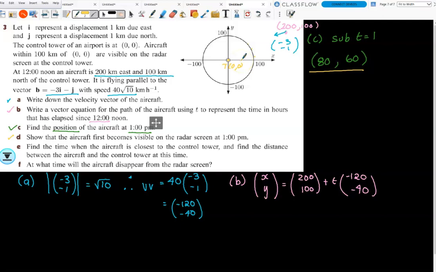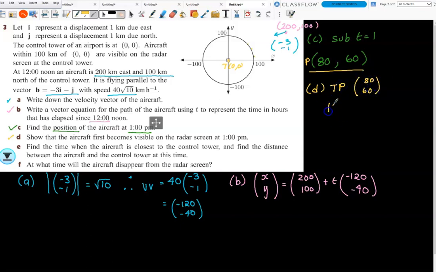Right, find the vector between the 2 points and then find its magnitude, okay? In this case, because it's 0, we can say from the tower to the plane, P for plane, position. Can we say T for tower? So TP will be 80, 60.